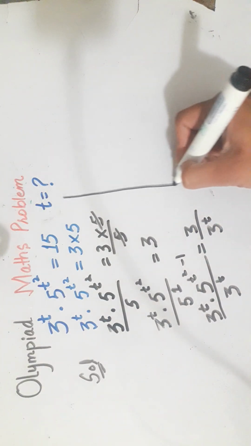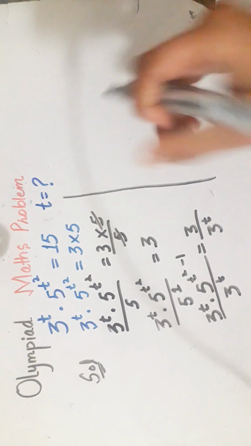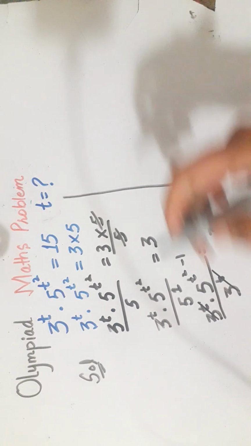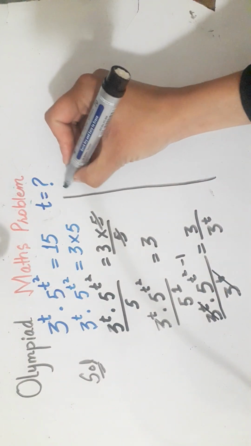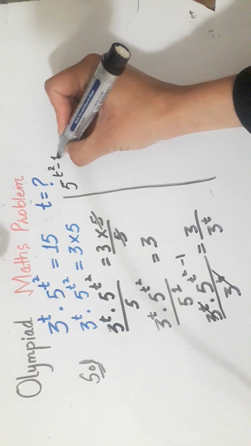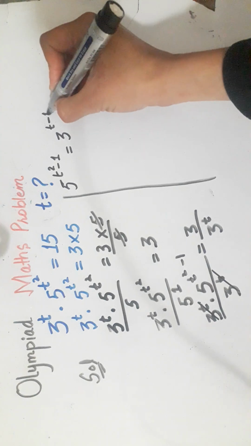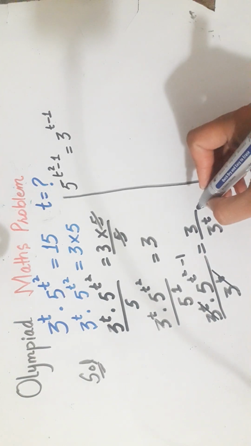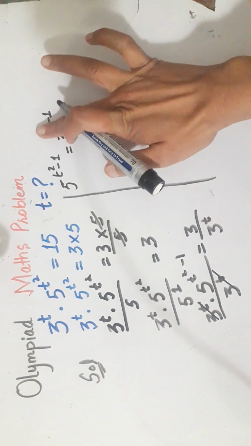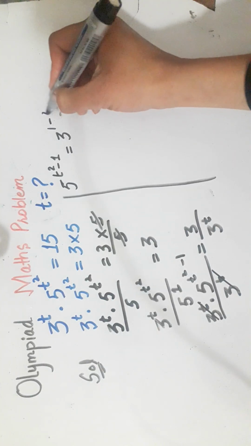Now this will become equals 3 raised to power t and 3 raised to power t are cancelled out. We have 5 raised to power t square minus 1 equals 3 raised to power t minus 1. Now we write this as 3 raised to power 1 minus t.